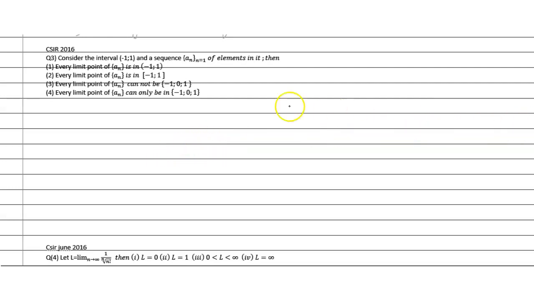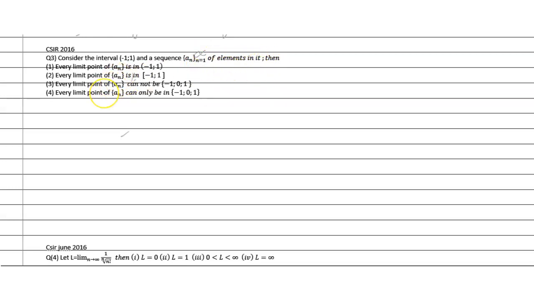So friends, in this question, consider the interval (-1, 1) and a sequence a_n, n equals 1 to infinity, of elements in it.